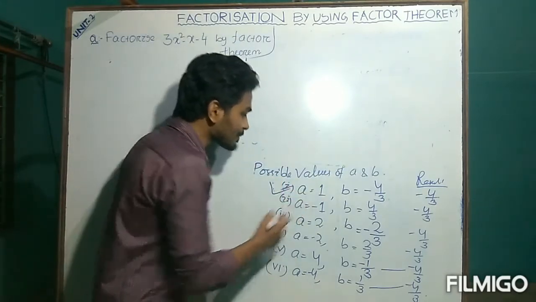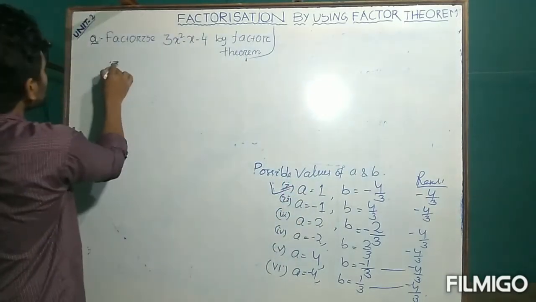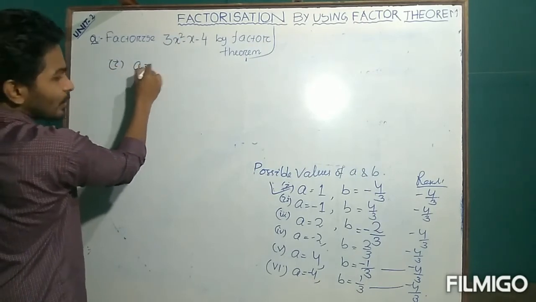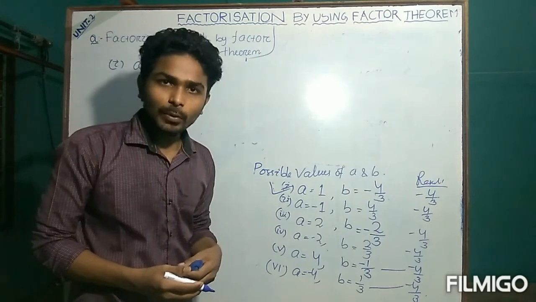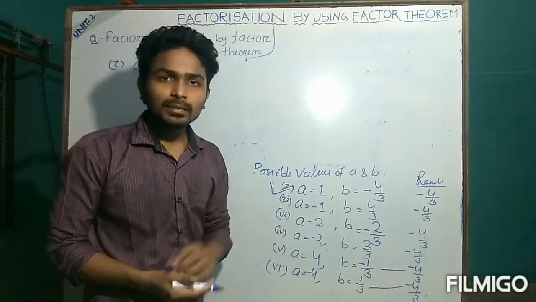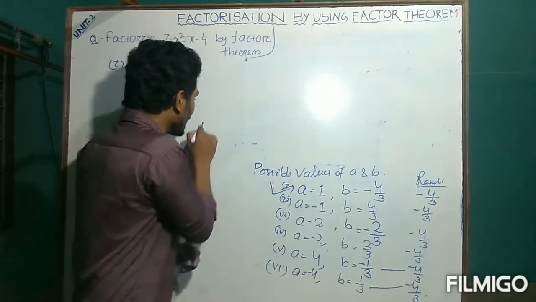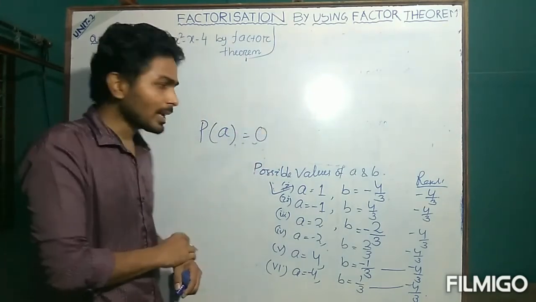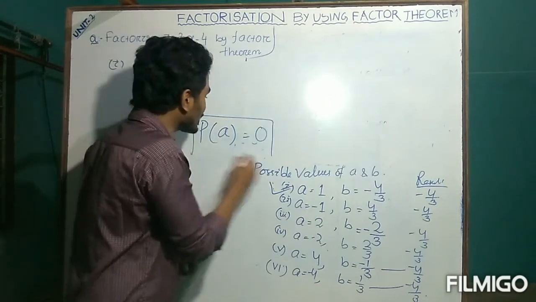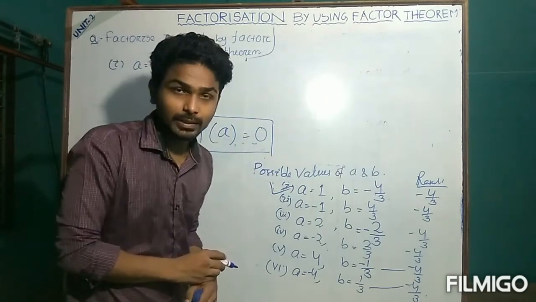Let us check with assumption 1. In assumption 1 we have a is equal to 1. Here the term a means this is the 0 of the polynomial, and we know if a is a 0, it will give p of a to be 0. In the remainder and factor theorem section we have studied this.